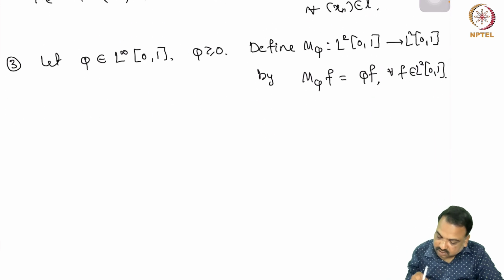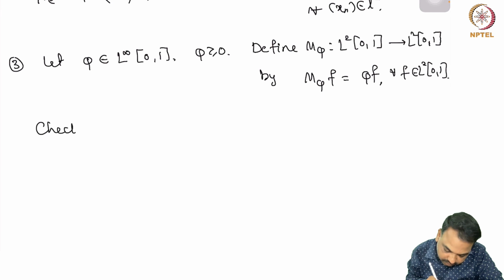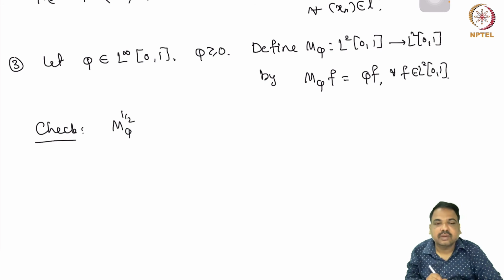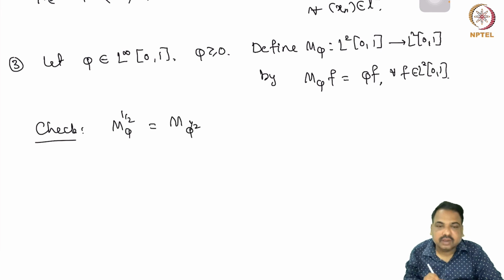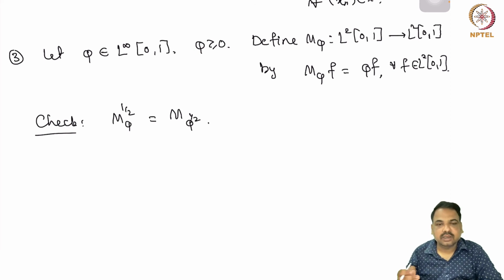Now we can easily show that the square root of M phi is M of square root of phi. We know that M phi is positive. This we have already seen. So this is nothing but M phi power of one half, that is M of square root of phi. And this example we can still generalize for L2 of (X, sigma, mu). You start with phi from L infinity of (X, sigma, mu), where (X, sigma, mu) is a sigma finite measure space, and do the same way.